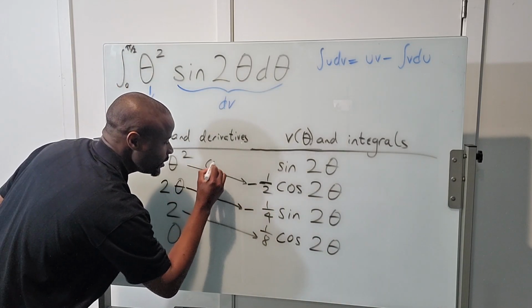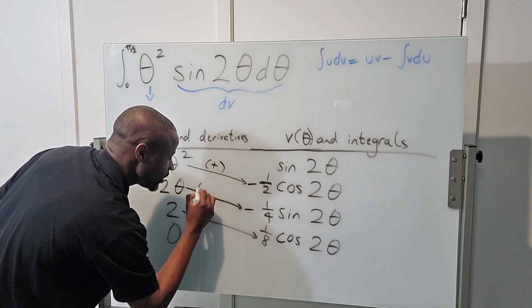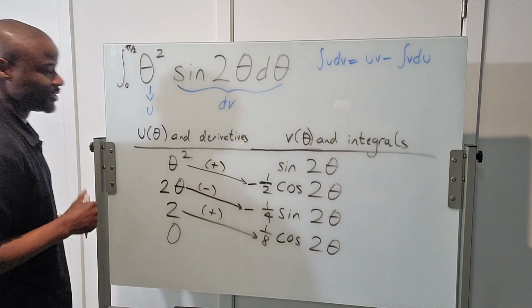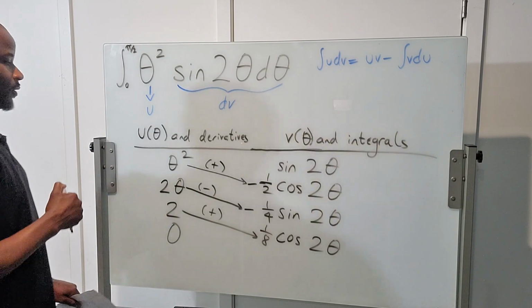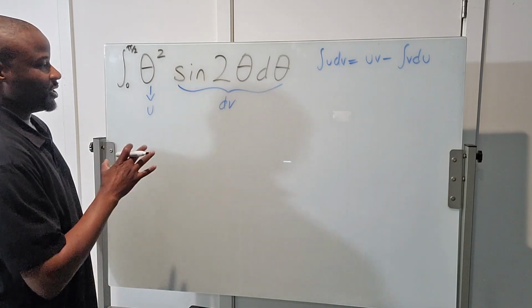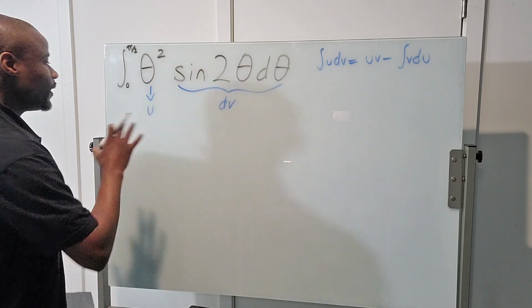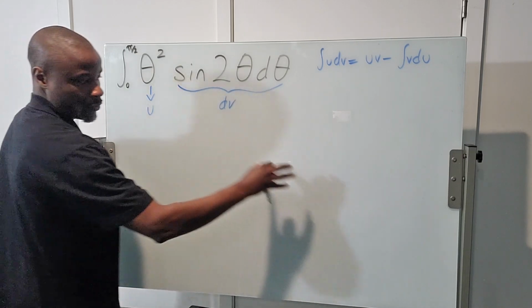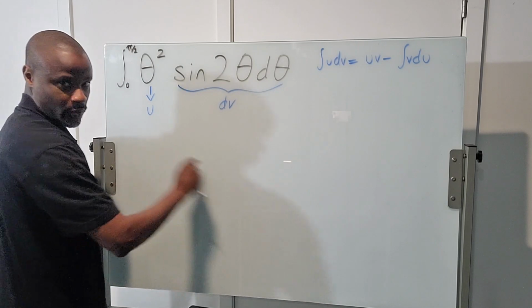The first one here, we have a plus on it. The second, a minus. The third, a plus. The signs would change. So the signs alternate. So keeping in mind what I just erased, if we put it all together, we simply multiply what was on the left side by what was on the right-hand side, according to the arrow.